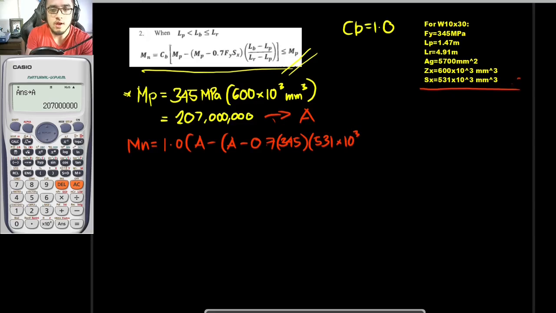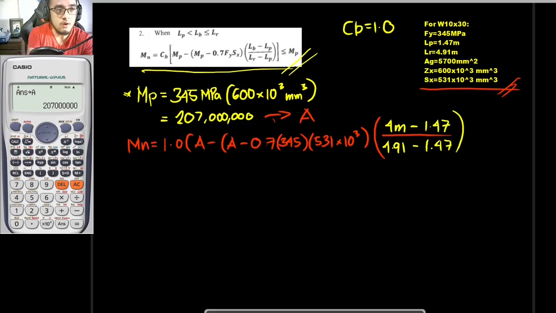After that, we would be multiplying this by Lb minus Lp over Lr minus Lp. You can use either millimeters or meters. It won't matter because the units would just cancel out. So I would be using meters this time. So Lb is 4 meters minus Lp, which is 1.47, divided by Lr, which is 4.91 minus 1.47.